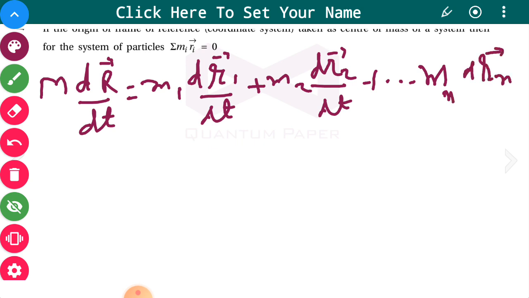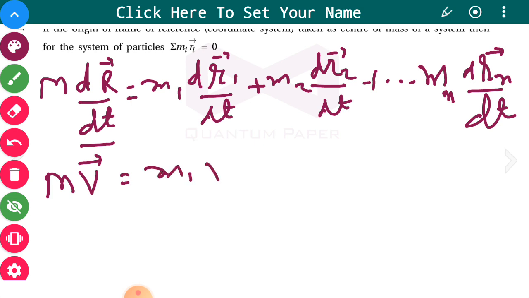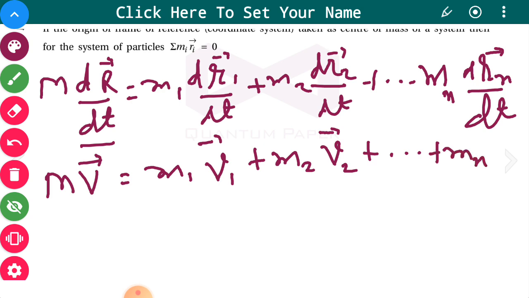Now as you know, dr by dt is velocity. So instead of dr by dt we write v, that is the velocity of center of mass, which we denote by capital V, also shown on page number 148. So M V is equal to m1 v1 plus m2 v2 plus up to plus mn vn.